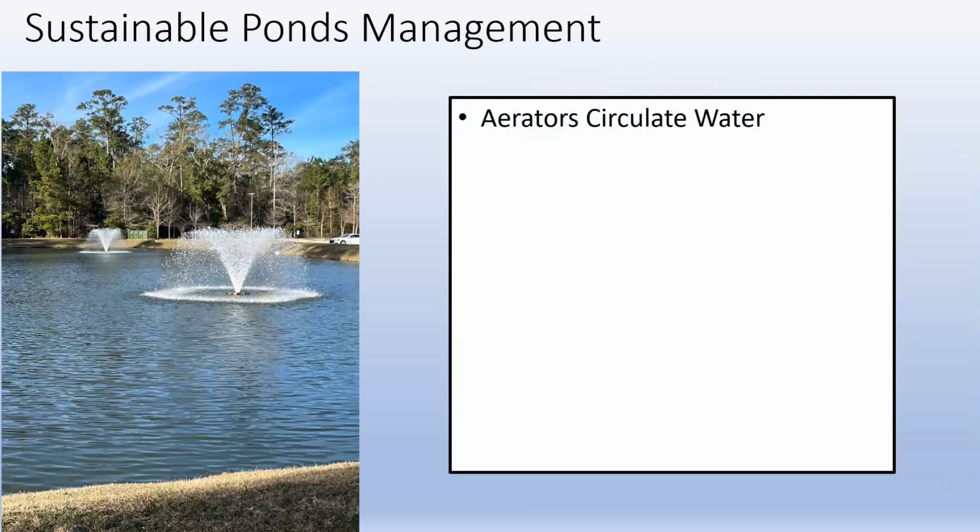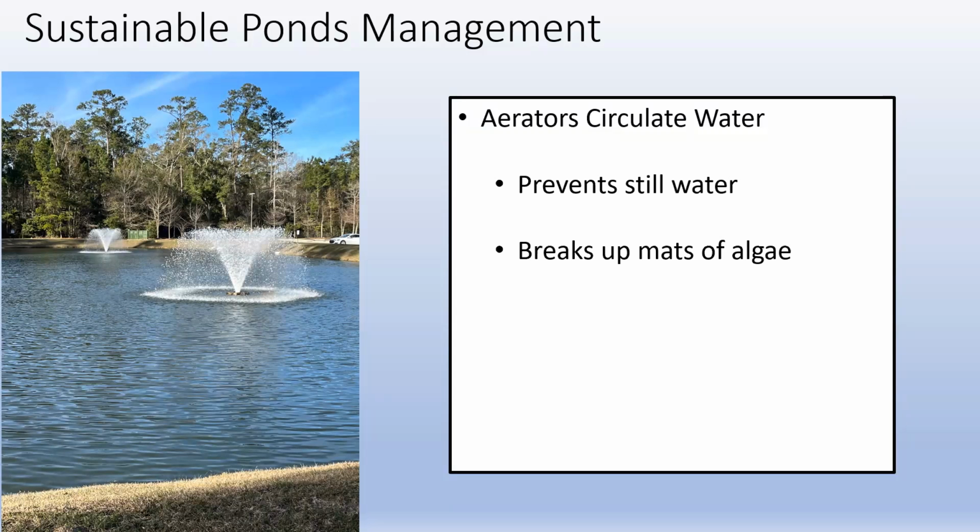So think about some of the sustainable things you can do. Aerators, right? Aerators are great for ponds. Not only do they add that visual interest, and you get that pleasant sound from those fountains going, but they prevent still water. By not having that still water sitting there, you're not going to have those mats of algae building up. So it breaks up those mats of algae and you get that nice blue water a little bit.